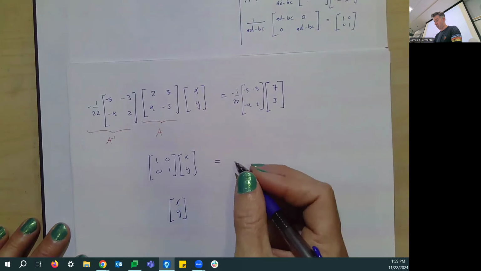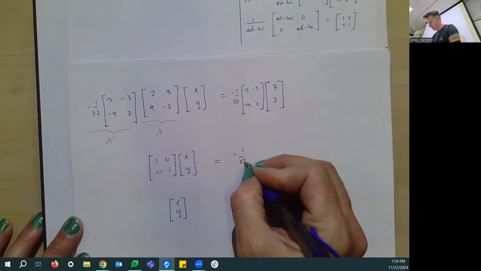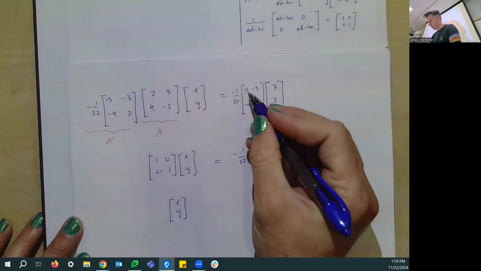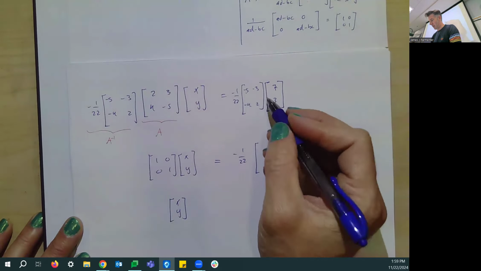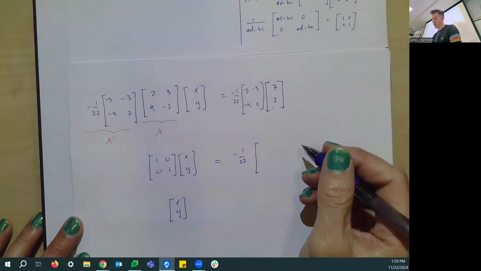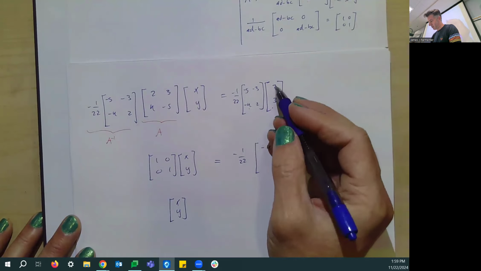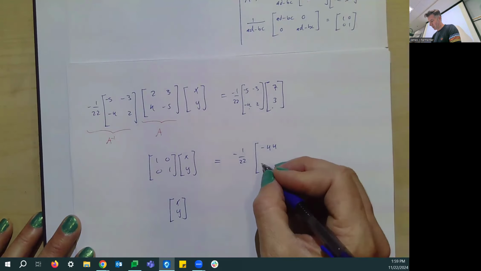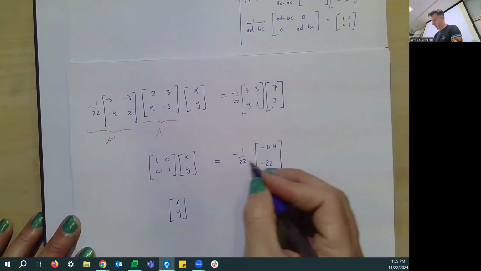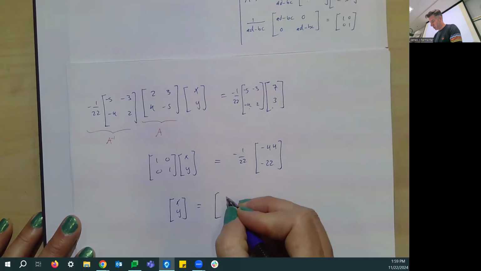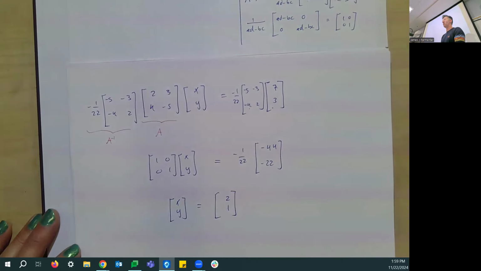On the right-hand side, we're going to multiply it out. -1/22 times -5 times 7 plus -3 times 3 is -35 minus 9, which is -44. And -4 times 7 plus 2 times 3 is -28 plus 6, which is -22. And if we distribute that, we're going to get exactly 2, 1, just like we got doing it the other way.